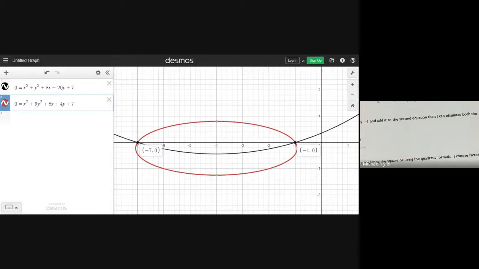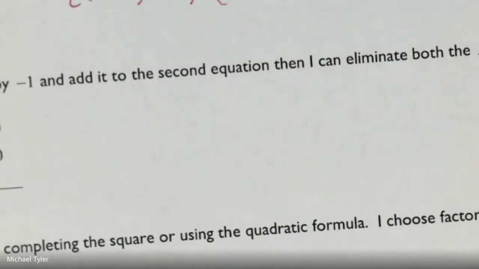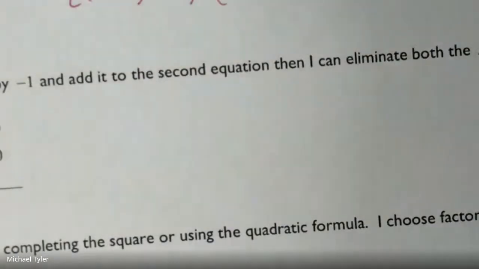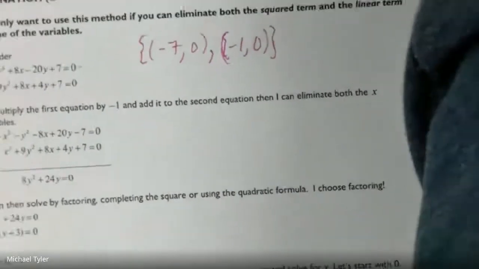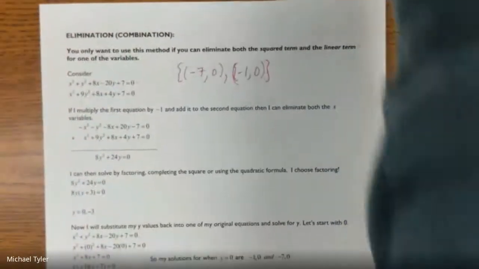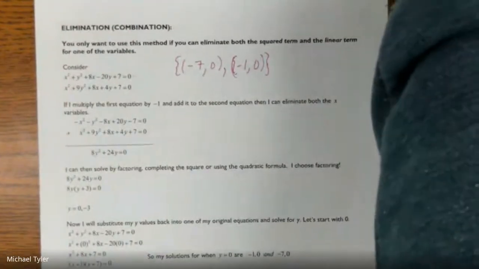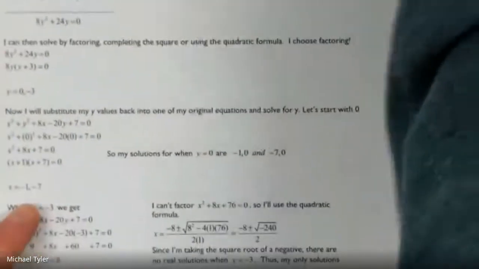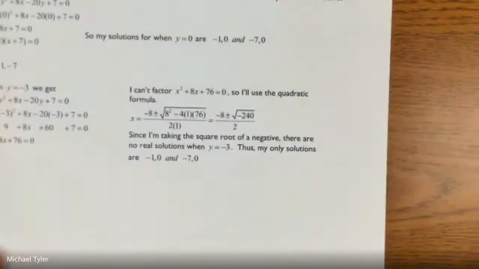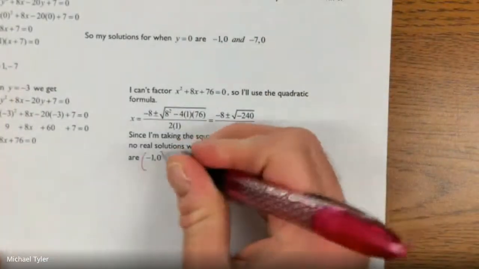Okay, so that's our two answers. That's all we have to do. Just type them in. And what I'm going to do here, all right, it says these are our two answers, right? And then they work it out algebraically on here. And then look at the bottom down here. Boom. Those are our two answers.